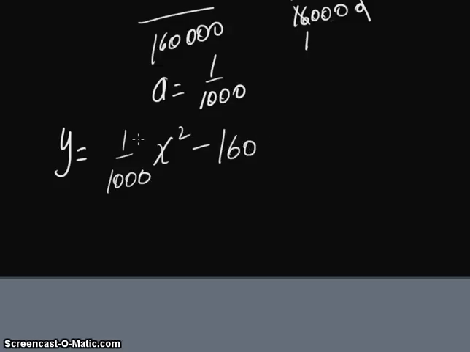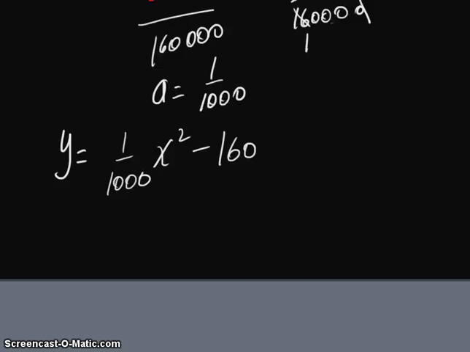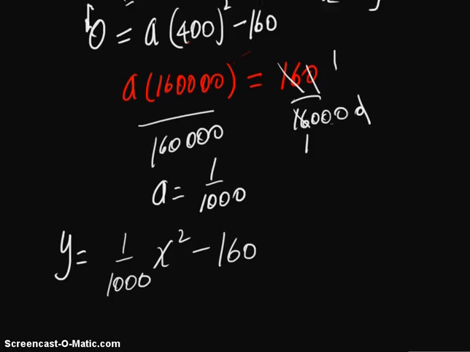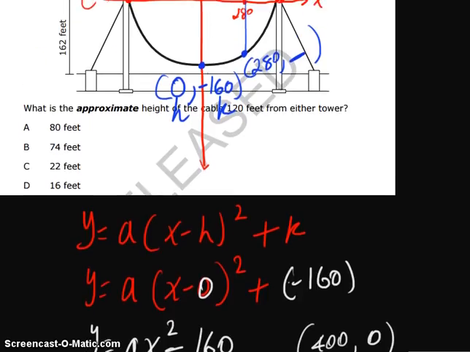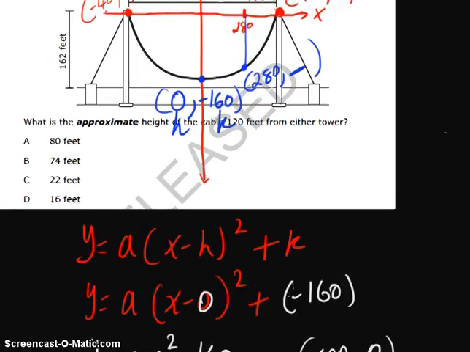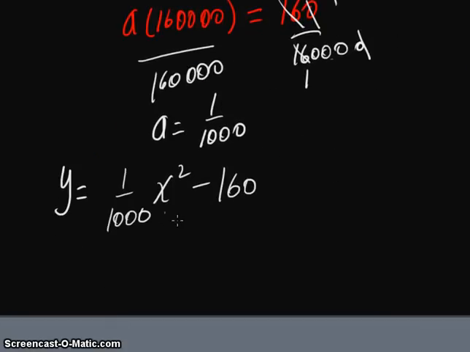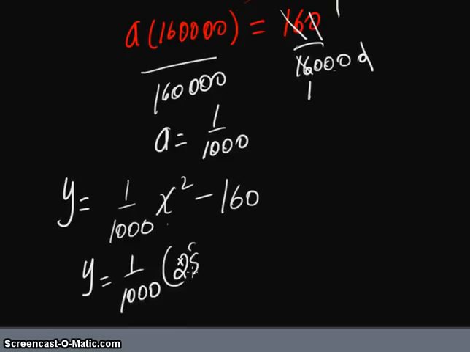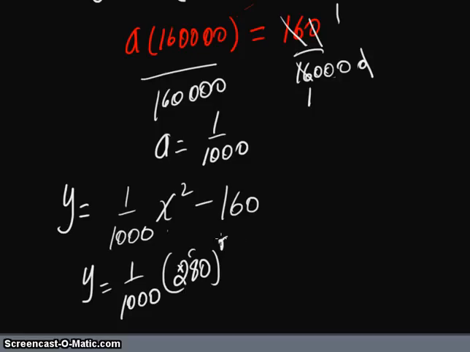This is what I mean by our a is really small, because the curve, the suspension, looks really wide. Now the last step is to plug this back in, to find the y coordinate when x is 280. So I'm going to plug in x as 280, and then I get y equals 1 in 1,000 times 280 squared minus 160.